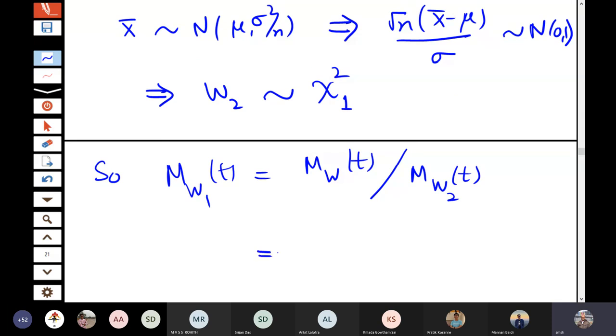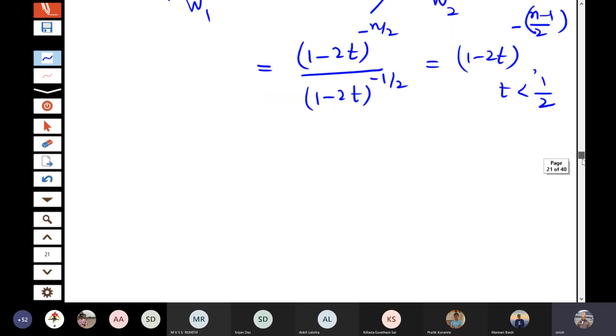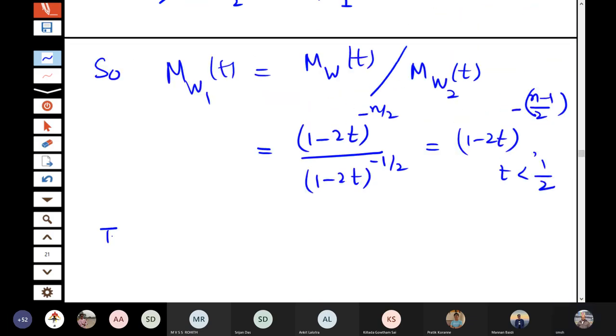And these values we have because it is (1 minus 2t) to the power minus n by 2, and this one is (1 minus 2t) to the power minus 1 by 2. That is (1 minus 2t) to the power minus (n minus 1) by 2 for t less than half. This is the moment generating function of chi-square n minus 1 distribution.